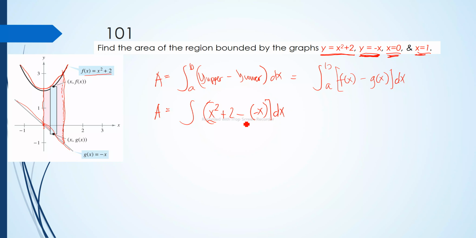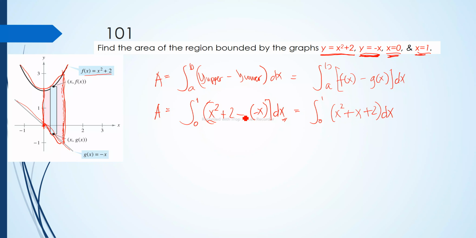Our lower limit, what is our lower limit? Since it is dx, the lower and upper limit should be also along the x-axis. So that is 0 and 1 because this is the region that we will consider. This is our area of interest, at x is equal to 0 and x is equal to 1. So we just simplify the equation. We have x squared plus x plus 2 dx from 0 to 1.